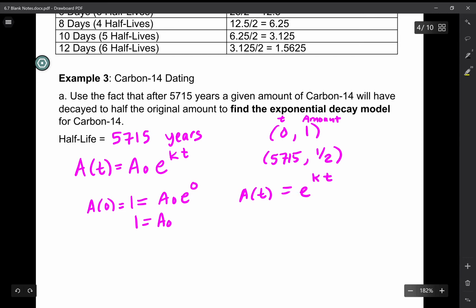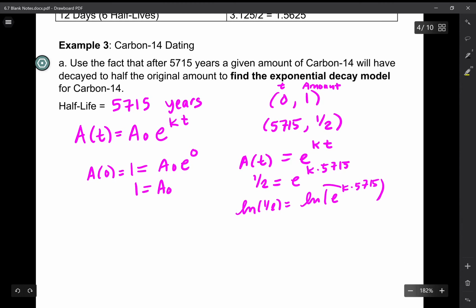Let's plug in our second point, which is t equals 5715, and the amount is 1/2. 1/2 equals e to the k times 5715. We need to solve this exponential equation using a natural log. So the natural log of 1/2 equals the natural log of e to the k times 5715. Using our property of exponent rule, this brings us down in front.